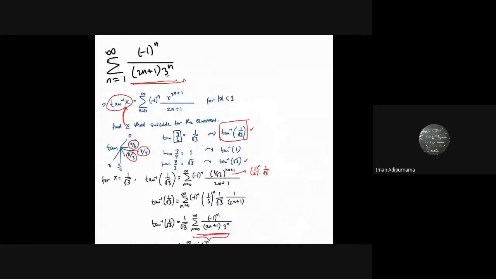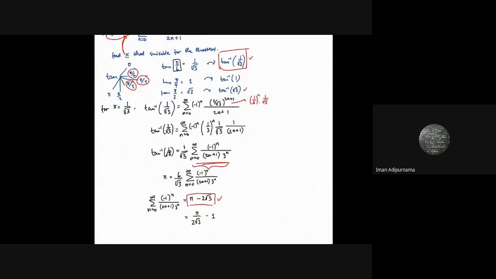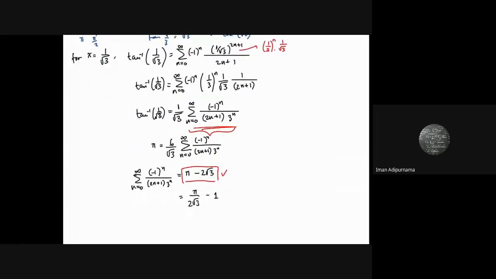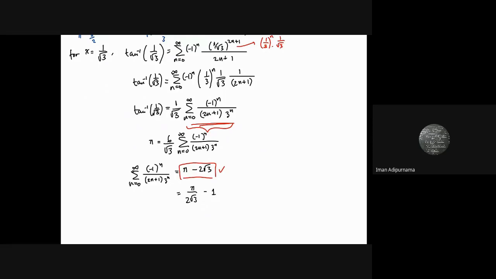So for example, let me check the question. The question is actually n equal 1, and I'm just missing something here.